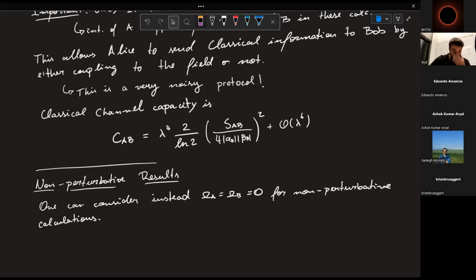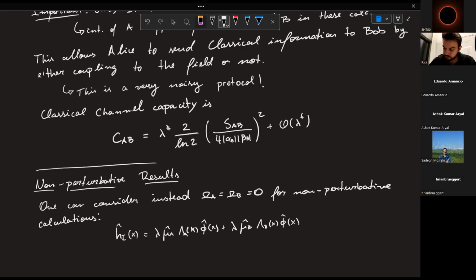Now, if we do that, then the interaction Hamiltonian of each one of the qubits, or the total interaction Hamiltonian, will simply be lambda mu A, lambda A of x, phi of x, plus lambda mu B, lambda B of x, phi of x. So now the mu's don't vary in time.